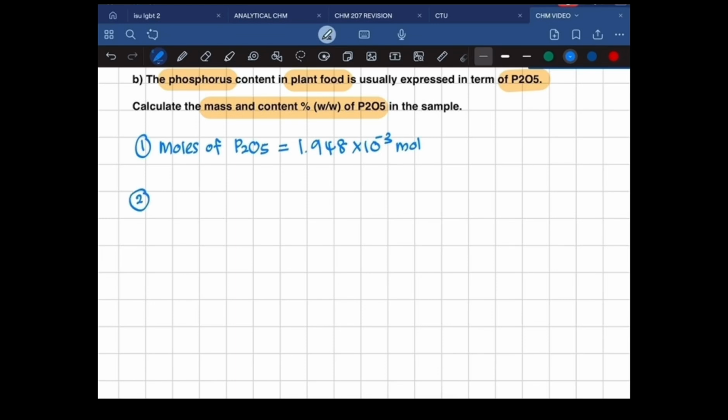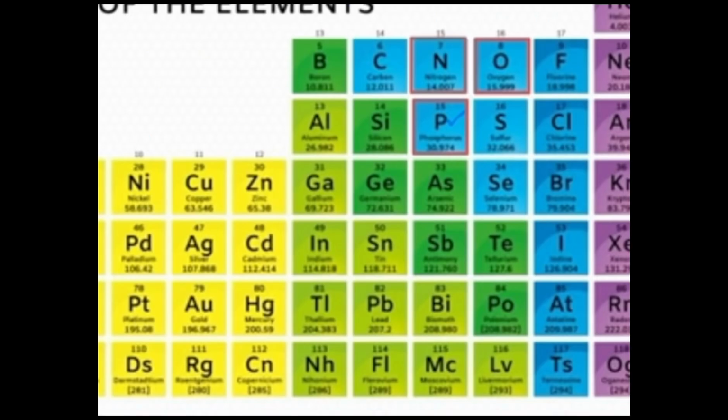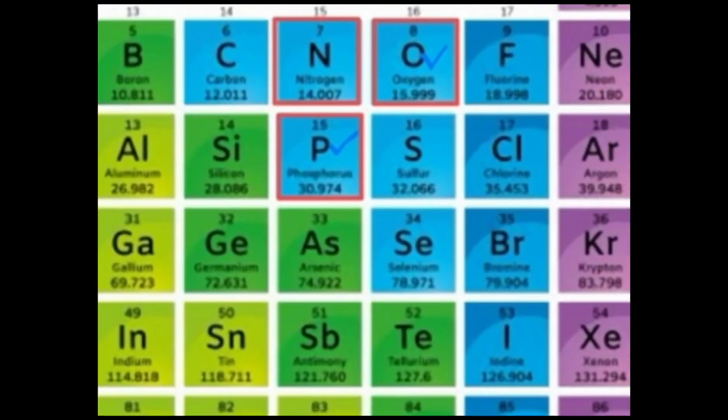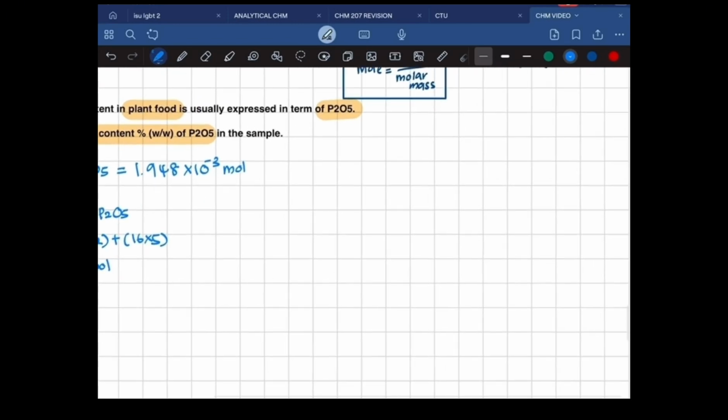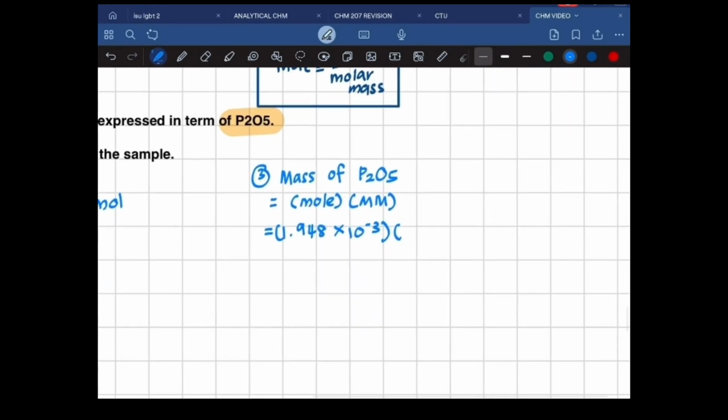After that, we need to find the molar mass of phosphorus pentoxide, and the molar mass for phosphorus pentoxide is 141.95 g/mol. Third, we need to find the mass of phosphorus pentoxide, which is we multiply the moles and molar mass.